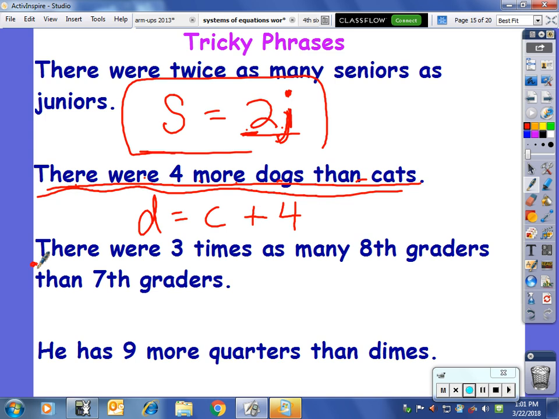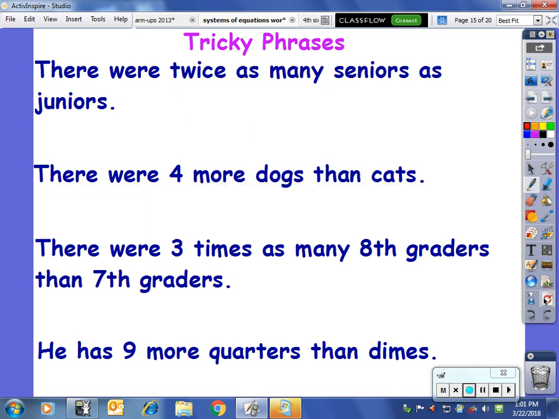All right, the next one, number 3. Let's call 8th graders E and 7th graders S. E equals 3S. Okay, and then the last one, he has 9 more quarters than dimes.